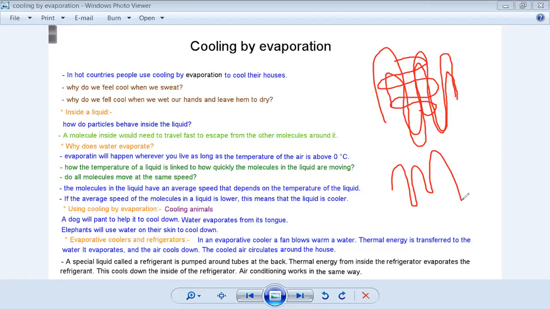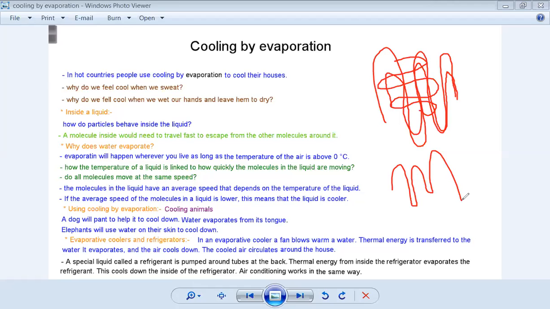When the thermal energy gets into the liquid, it will evaporate and cool down. It will emit a cool current around the room. So this is how cooling by evaporation works.